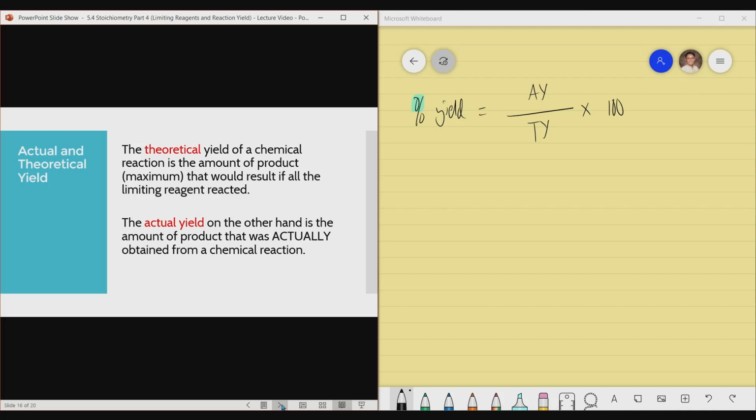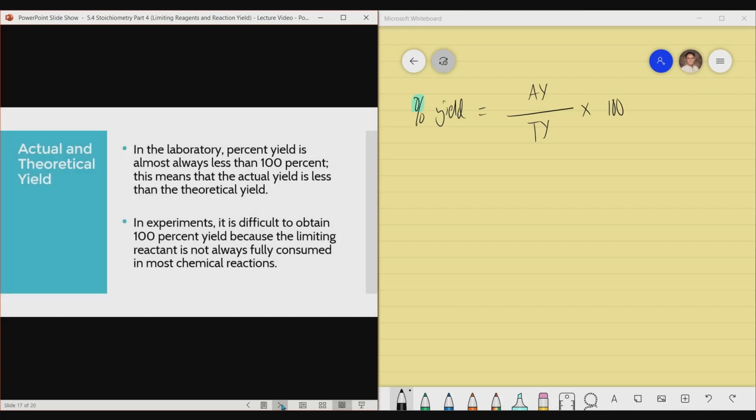Just a note that needs to be remembered. In the laboratory, percent yield is almost always less than 100%. So most of the time, hindi na-attain na 100% ay lahat nakukuha. This means that the actual yield is less than the theoretical yield.